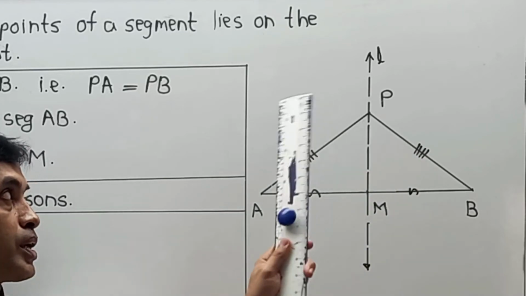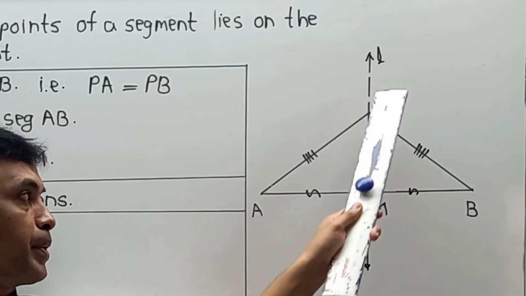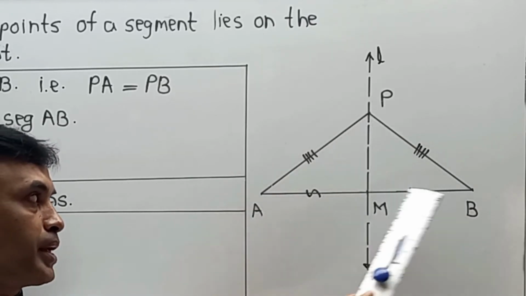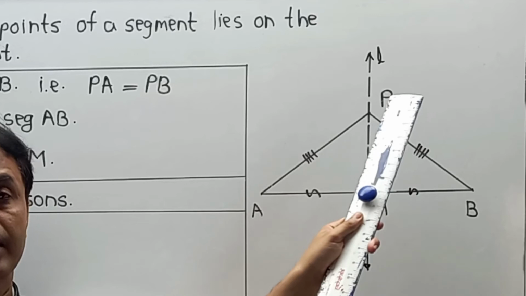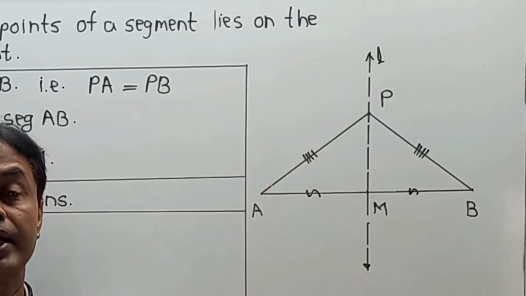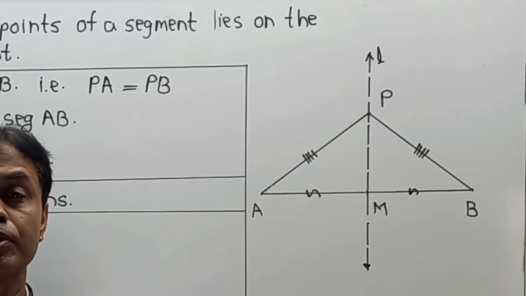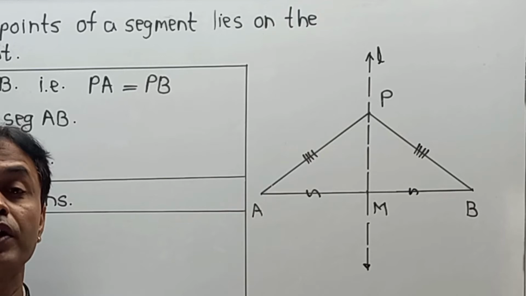Please pay attention. First of all, we can write about triangle PMA, and in triangle PMB, one by one. Segment PA congruent to segment PB, they have given, so we can write it as given. Student, please pay attention because they have given the answer in the form of fill in the blanks, but we are going to actually solve all the steps.